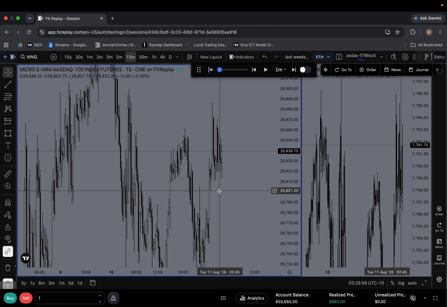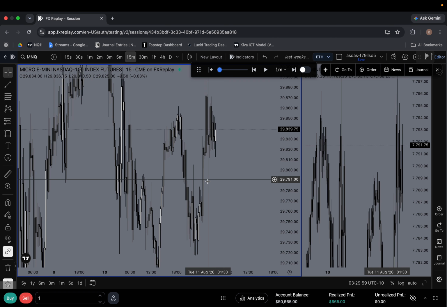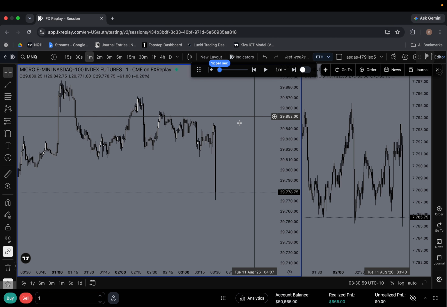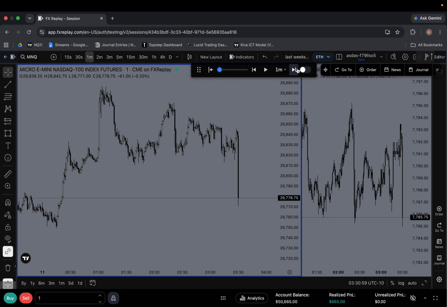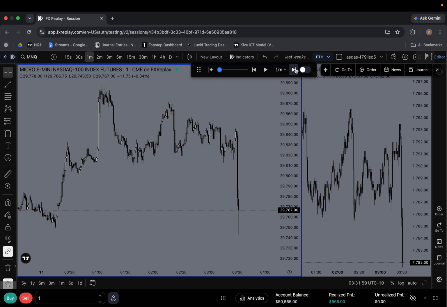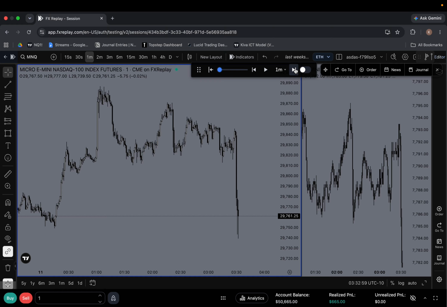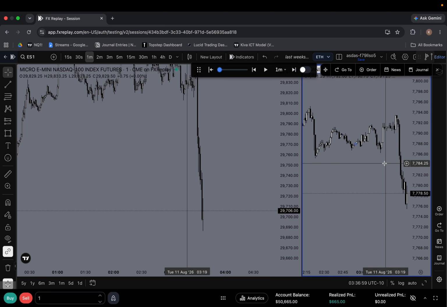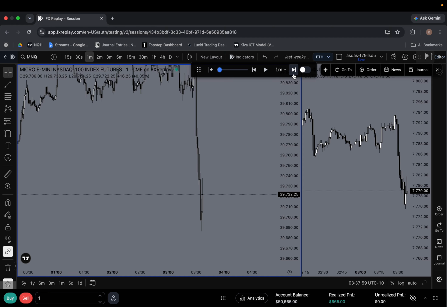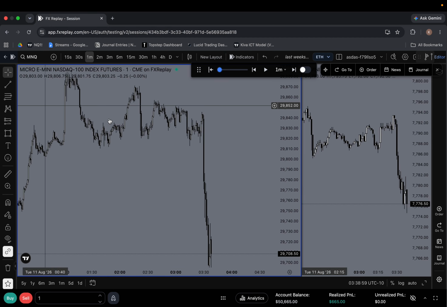I'd rather have these lows get taken and then us trade into this 15-minute gap. Alright, 15-minute gets mitigated. Let's see what happens here. Looks like we're just going to dump, bro. Any deviation? Nah.